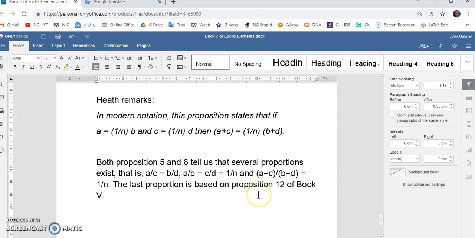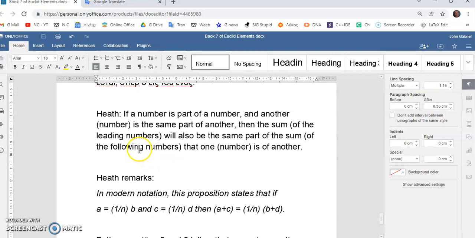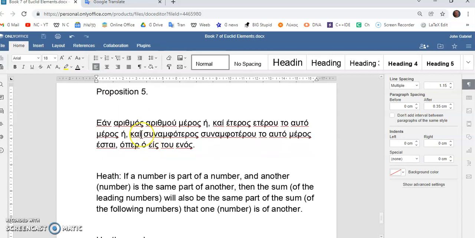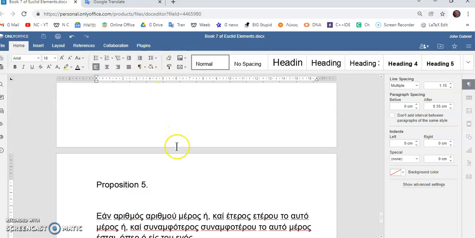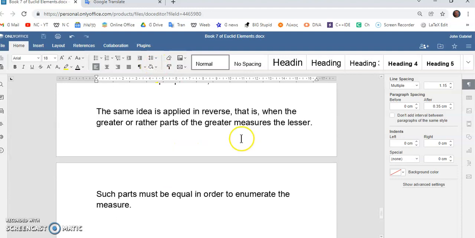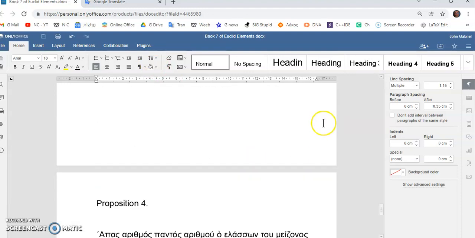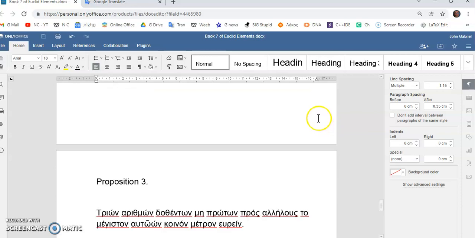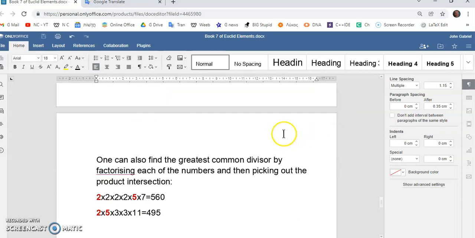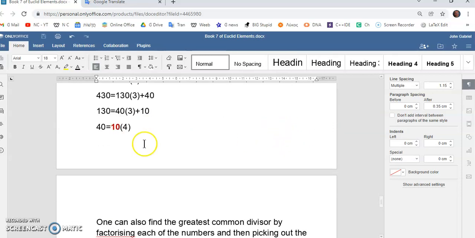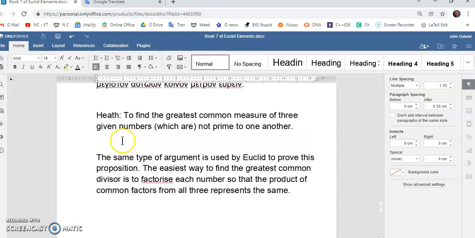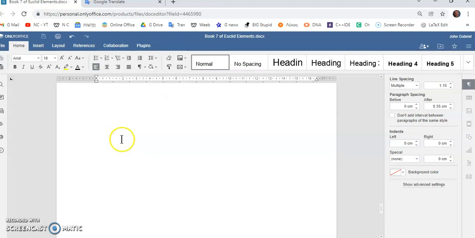So for example, in book 2 you have a similar proposition to the one in book 7, not proposition 5, but one of the previous ones. Let's just see here. No, okay. So I'm thinking of book 5 only, not book 7.